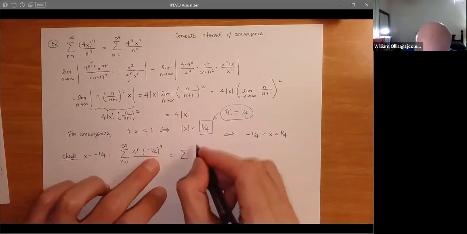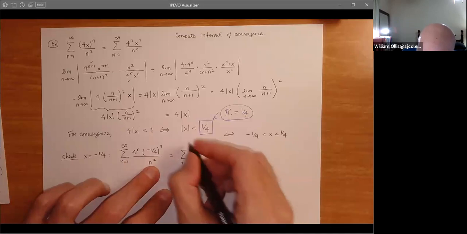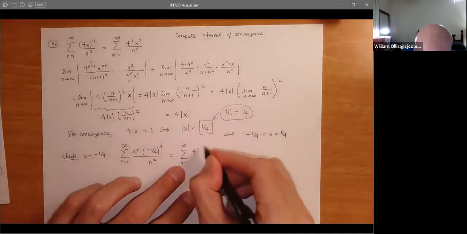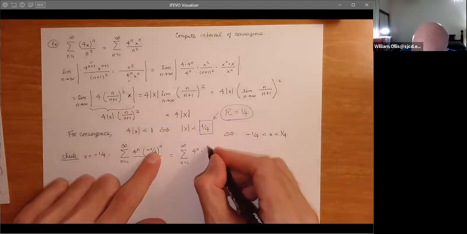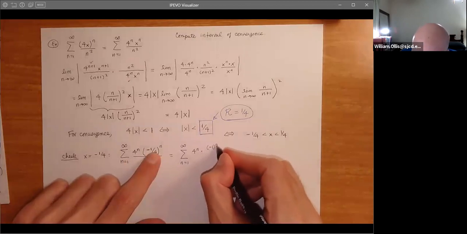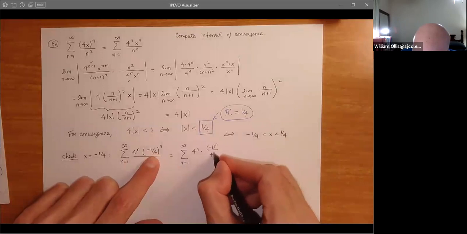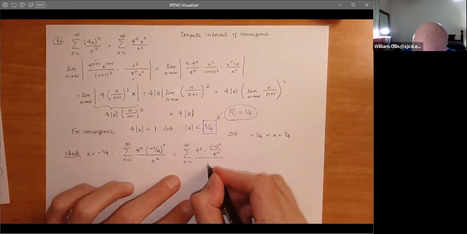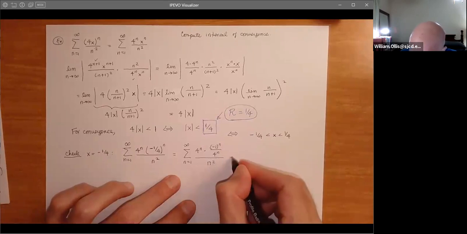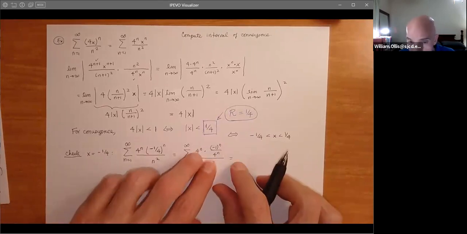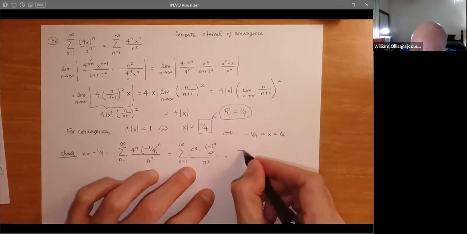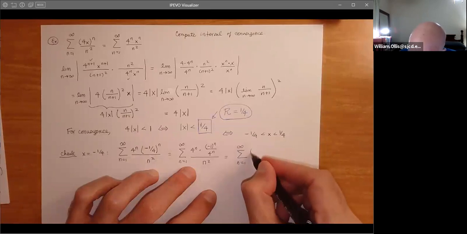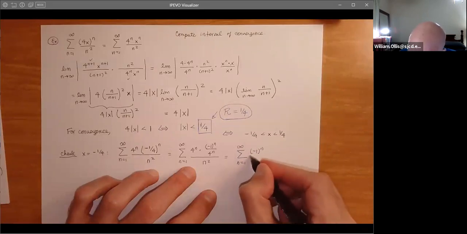So of course we're going to get n equals 1 to infinity, and now we'll have a 4 to the n times, well, upstairs we get a negative 1 to the n, and downstairs we get a 4 to the n, and then of course n squared. And now of course the 4 to the n's cancel. So this gives us n equals 1 to infinity, negative 1 to the n over n squared.